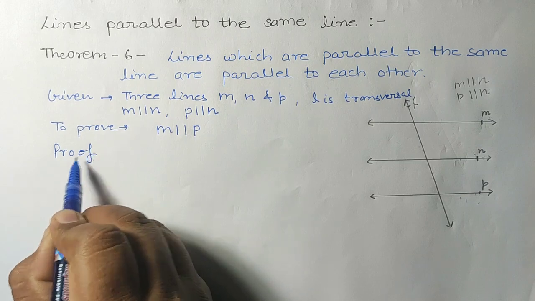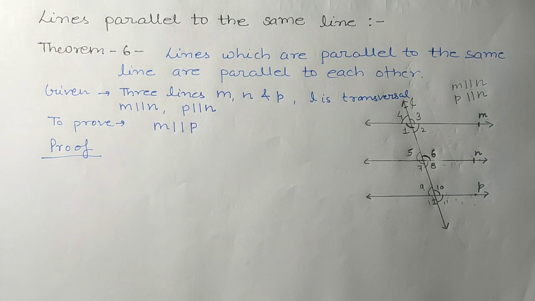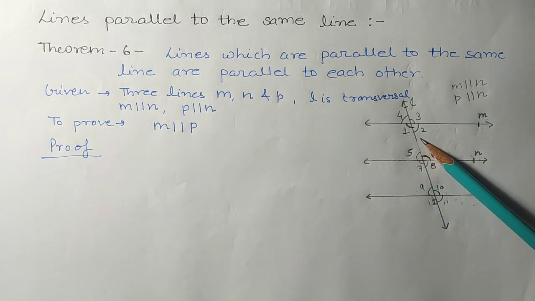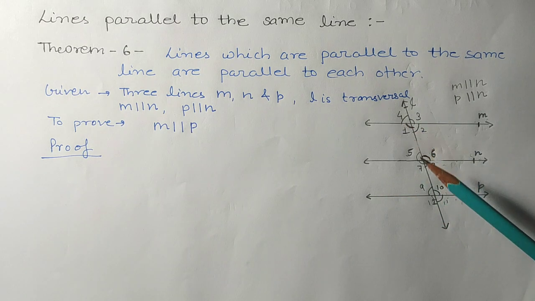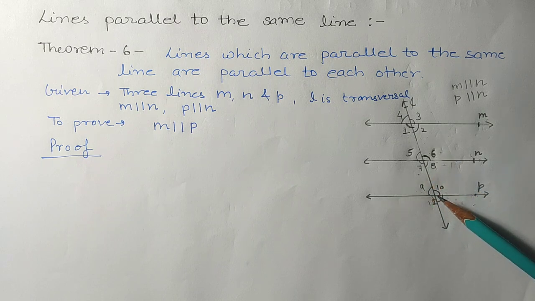Okay, proof. So see students, here we have supposed that these are angles 1, 2, 3 and 4. Here angle 5, angle 6, angle 7 and angle 8, and angles 9, 10, 11 and 12.